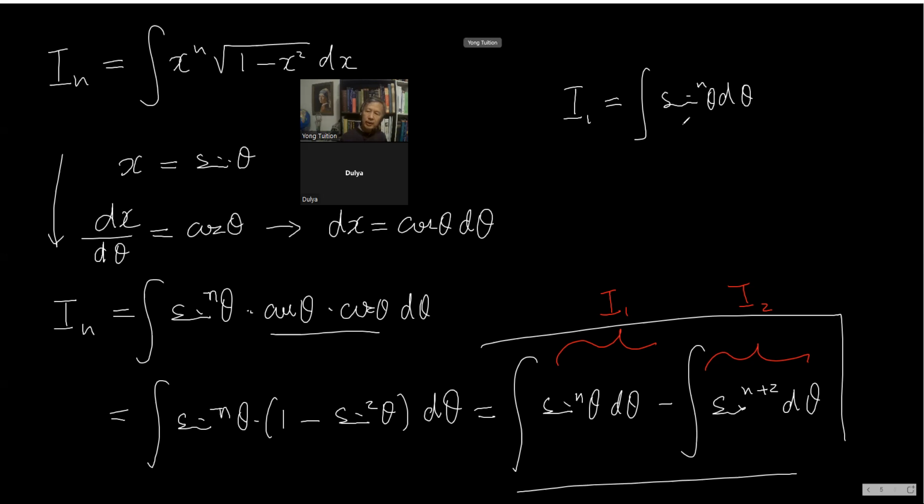In this case, from here, we invoke integration by parts. It also depends on n being an integer, whether n is even or odd. So in principle, we should be able to solve this problem.